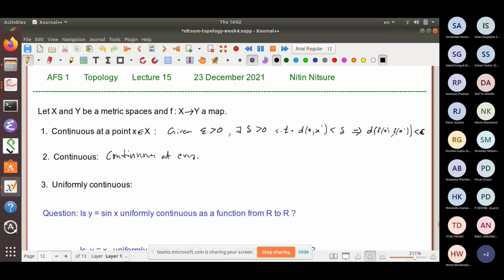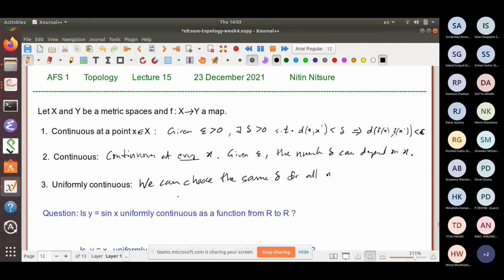Every point, every x. Given epsilon, the number delta can depend on x. And uniformly continuous means we can choose the same delta for all x.